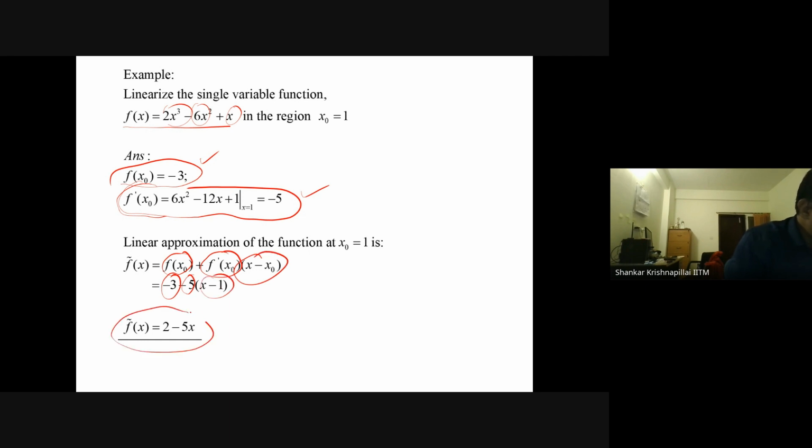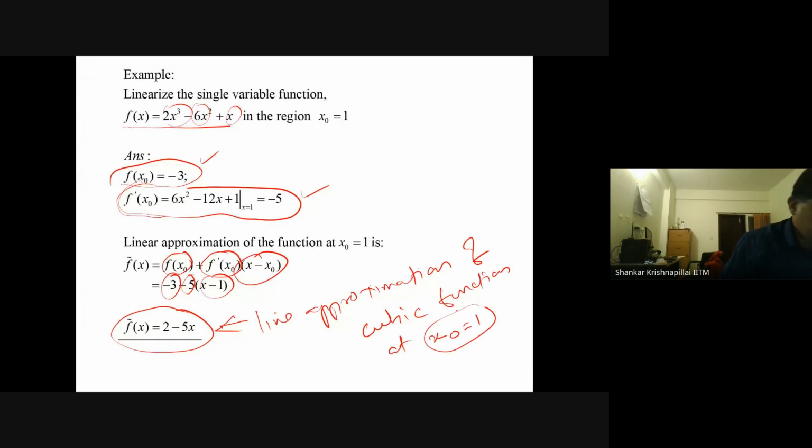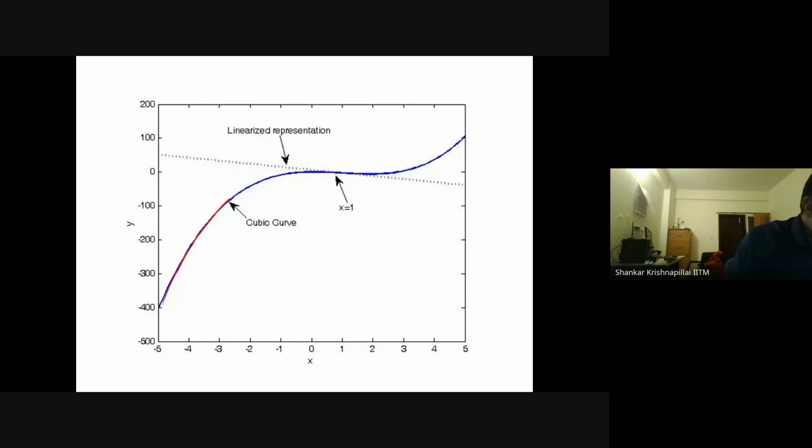So this is the linear approximation of the cubic function at x naught equal to 1. Let us see how it looks. This is the cubic curve, it goes like this.